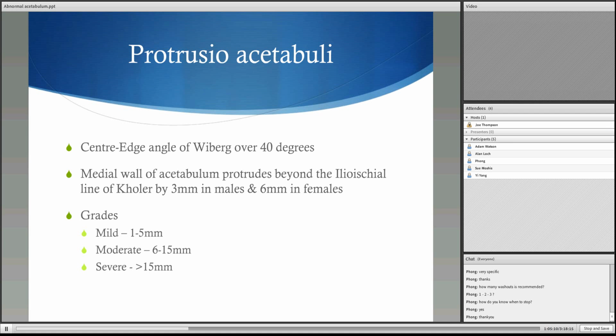Like more thin. You're going to put the cup higher.